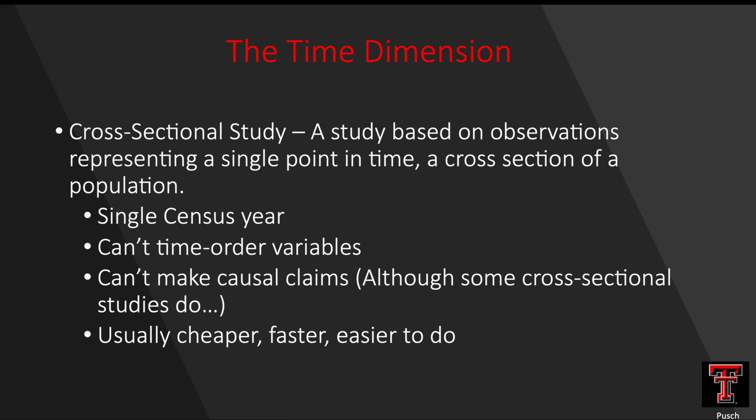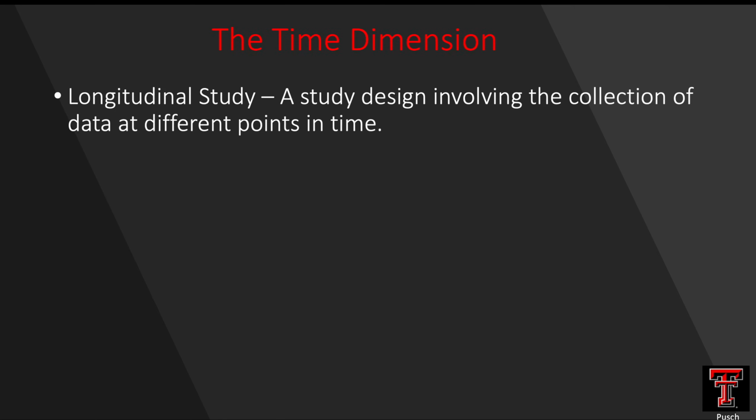So there's a way of sort of faking a longitudinal study using cross-sectional data, but generally with cross-sectional data, we can't time order the variables. So these studies are a lot cheaper, faster, and easier to do. You don't have to follow up with people to get them to take a second survey, which is sometimes very, very difficult. But they're useful, but not as good as a longitudinal study. So the longitudinal study involves collecting of data at different points in time.